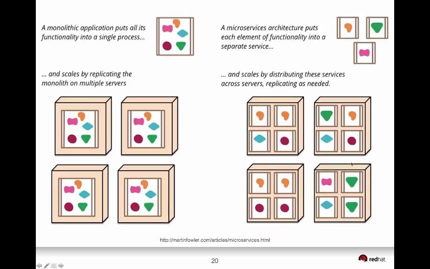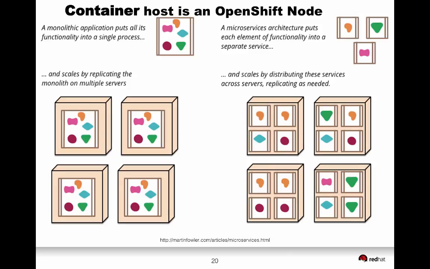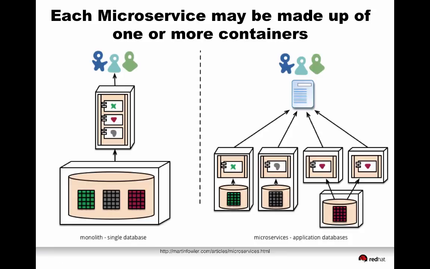Now, when you think about it from the perspective of OpenShift, the container host on which these services run is an OpenShift node. And then the individual processes, these are microservices running in containers on this host. Now, each microservice itself may be made up of one or more containers. So if you see the microservice on the right side here, this white box you're seeing here is a microservice, and it is made up of more than one container, right?